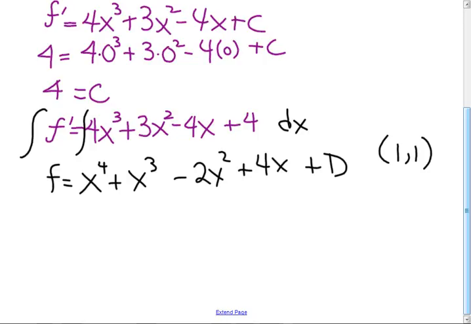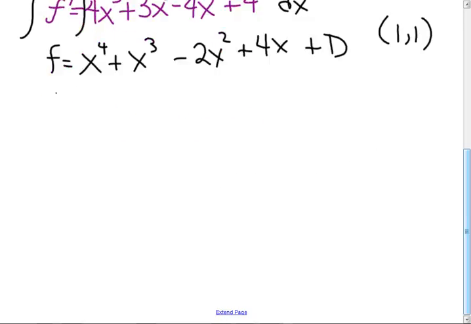Sure. What's the y value? 1 equals 1, 2 plus 1 plus d. 2 minus 2. 1 plus 1 is 2, minus 2.